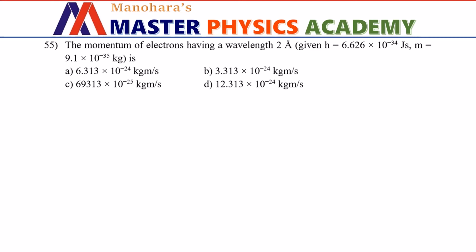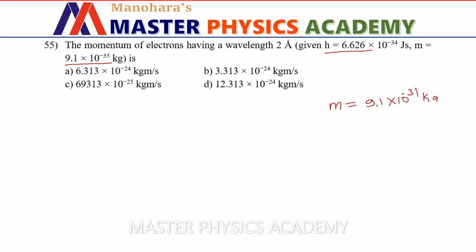The momentum of electrons having a wavelength 2 angstrom, given h equals 6.626 into 10 to the power minus 34 joule second, m equals 9.1 into 10 to the power minus 35 kg. Mass of electron is known to us and its value is 9.1 into 10 to the power minus 31 kg. But in the question, it is mentioned as 9.1 into 10 to the power minus 35 kg.